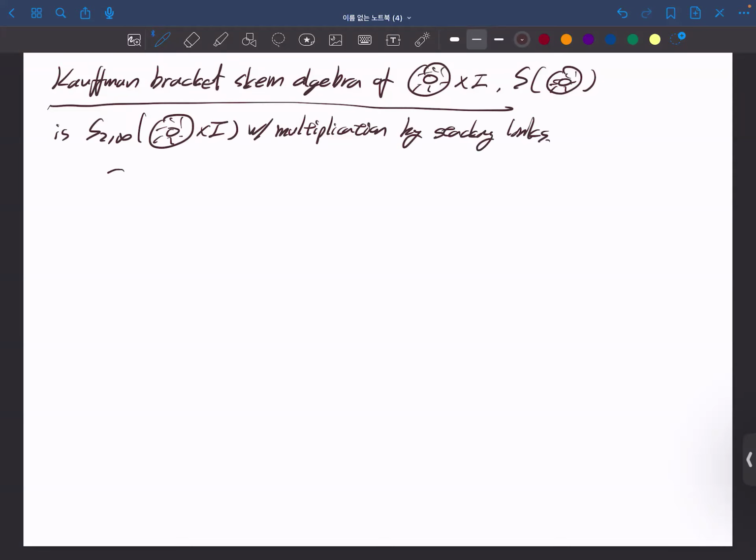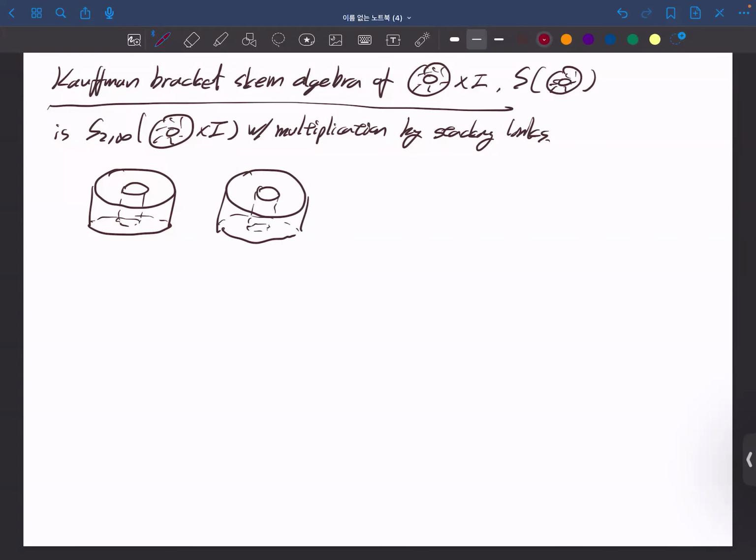Let's say we have two links inside the annulus times I. Here we have one knot, and here we have another knot.